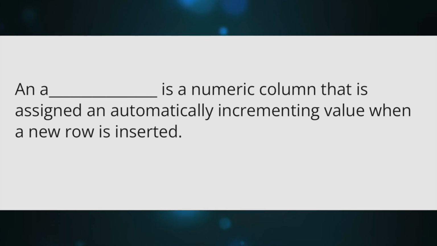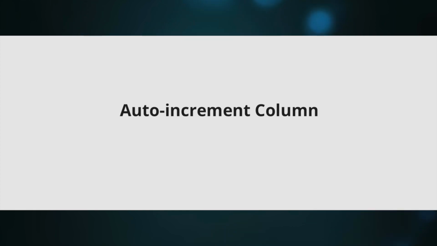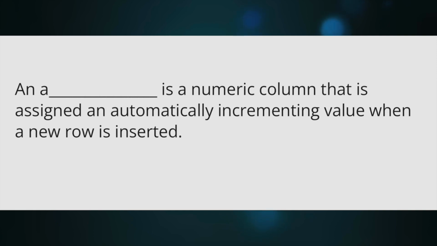It's usually a unique ID, and it's assigned. That's why it's auto. Increment means building. So auto increment means an automatic building of the number that's assigned. That should be an easy, simple one. Anytime you see something that says automatically incrementing, that's going to really help you out.